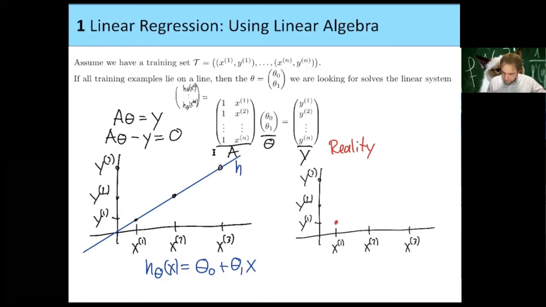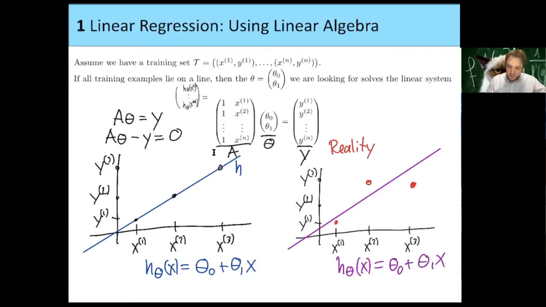This, this, and this. And then in reality, what we want to find is this here. But in this case, these thetas, they do not satisfy this equation here. So in this case, we have that A theta is not equal to y.